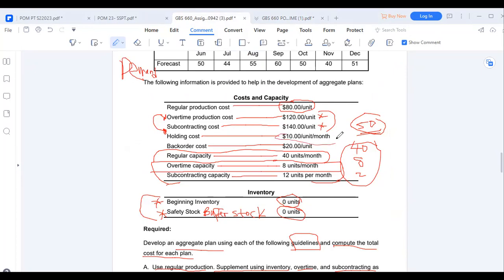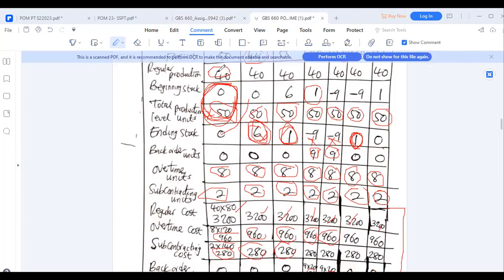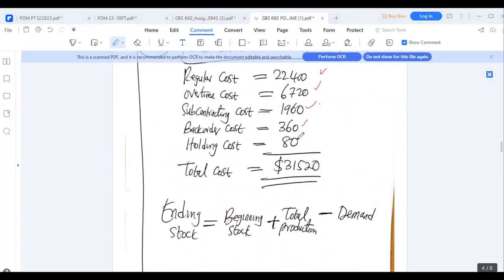So we are going to have the $80. The total is coming to 31,520. So this is the cost of this plan. Ending stock is equal to beginning stock plus total production minus demand. This is an equation for the ending stock.